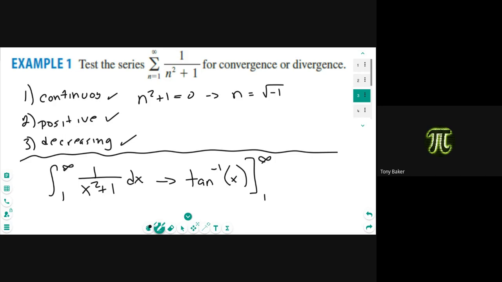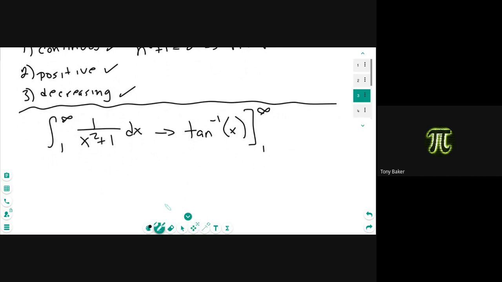So you will typically see this problem written like this. Like that.